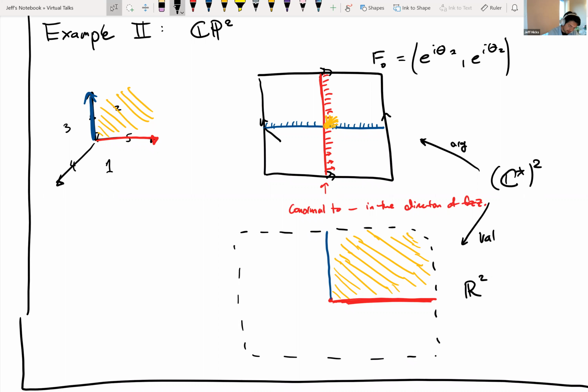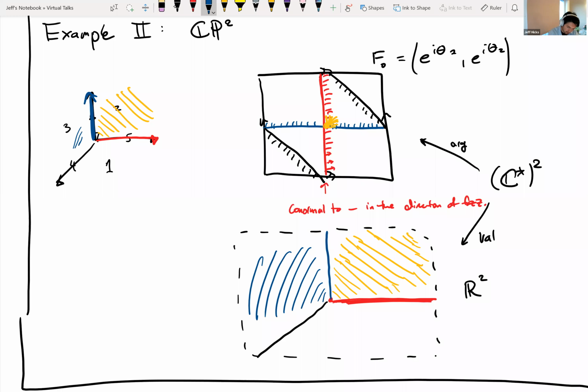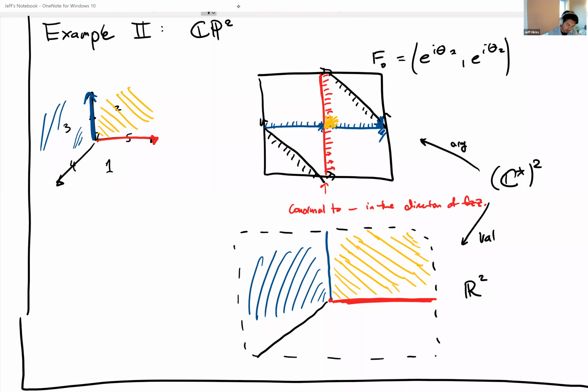In total, this FLTZ skeleton has a few more components. Oops. Sorry, that one doesn't live there. That one lives over here.